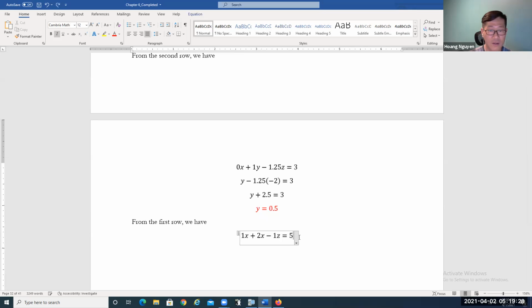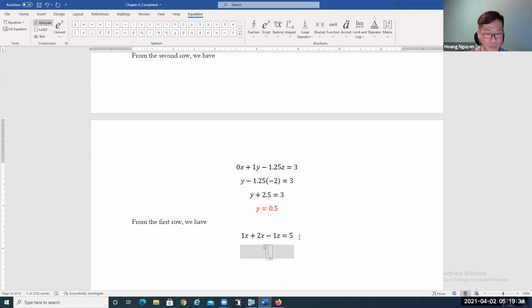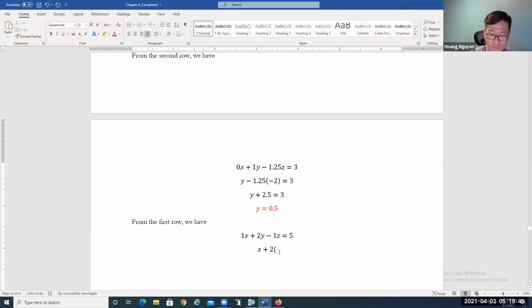Okay. So now we will substitute everything. x is something we need to find out, plus 2 times y. Sorry, this is 2y. And y is 0.5. Minus 1z.